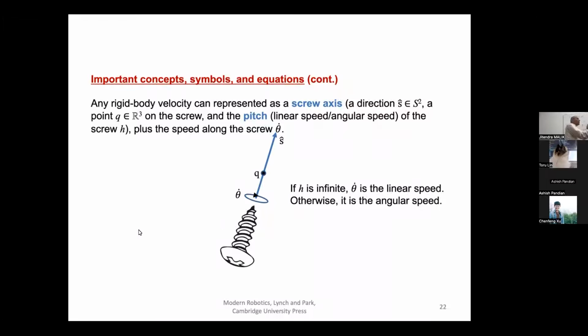These people independently discovered this idea that in 3 dimensions, you have this idea of a screw axis, where a rotation and a translation together can be converted into this screw movement.